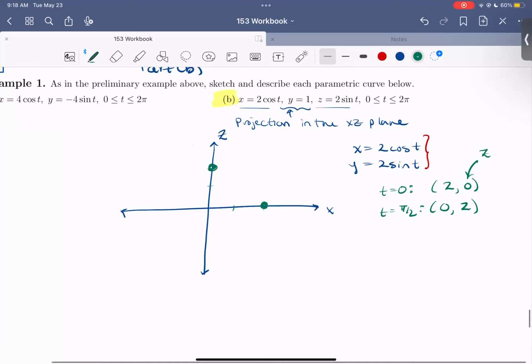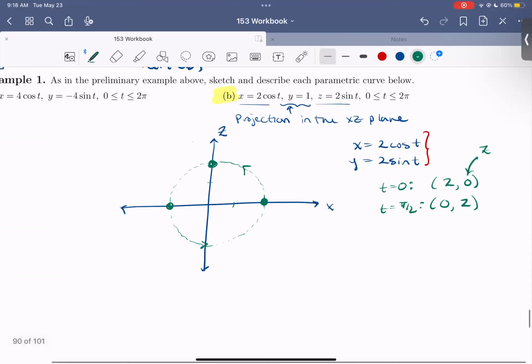We could do this a little bit more, but we see that we start with this point here, and then we go up to this point here. We could test this for the other values, but our curve will look like this circle centered at x equals 0, z equals 0, and radius 2.